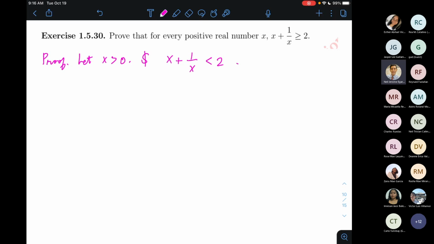Let me see. Inosan, you have a suggestion? Ano po, siguro po solve for the left side. So, yung x plus 1 over x.